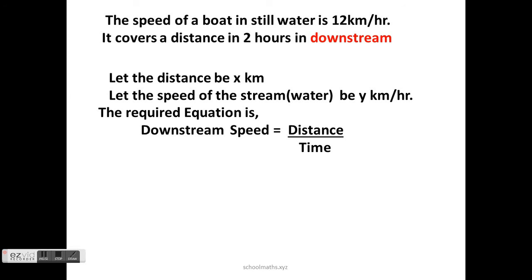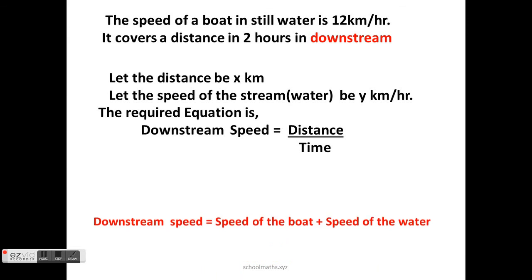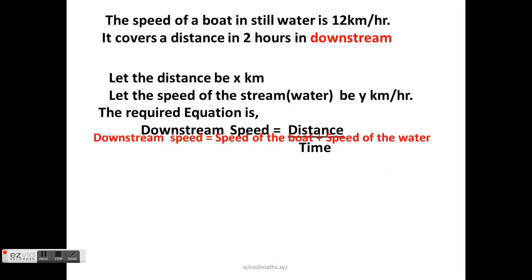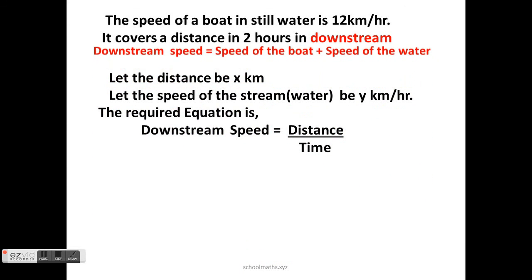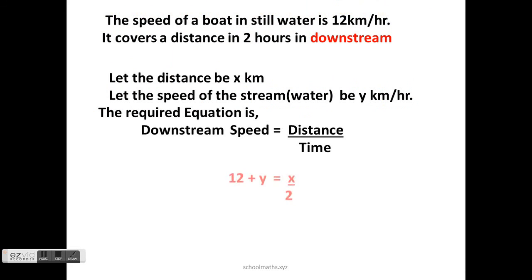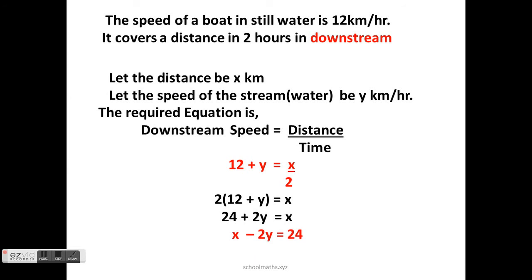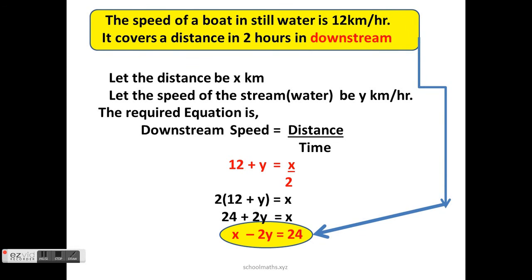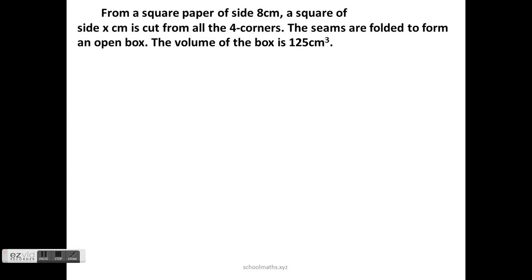Downstream speed will be 12 plus y, speed of the boat plus speed of the water. That is why 12 plus y is coming. Distance is x, time is 2, cross multiply, simplify, x minus 2y equal to 24. This is a 12th standard question, but very easy.